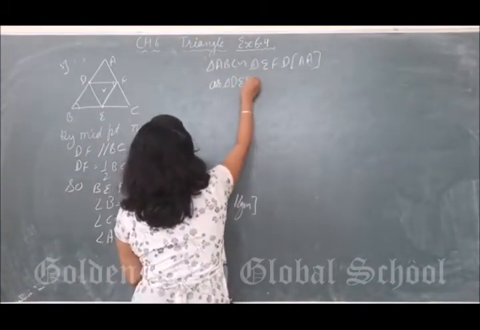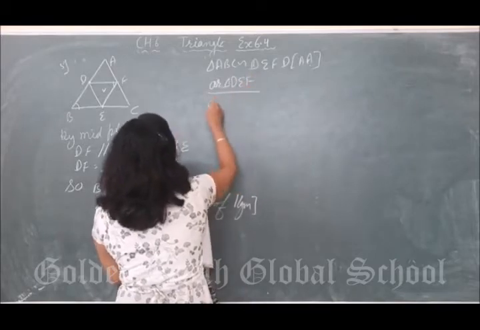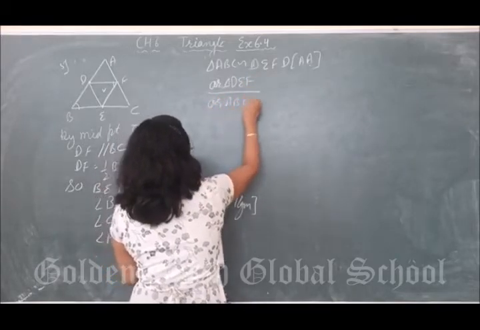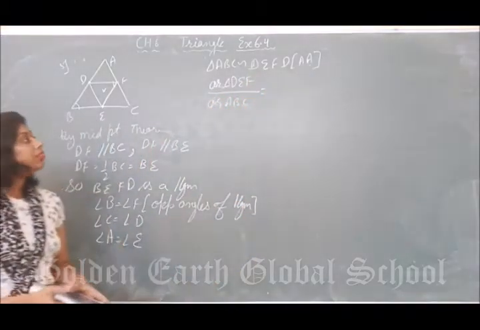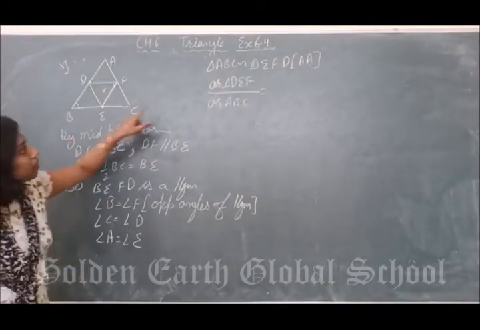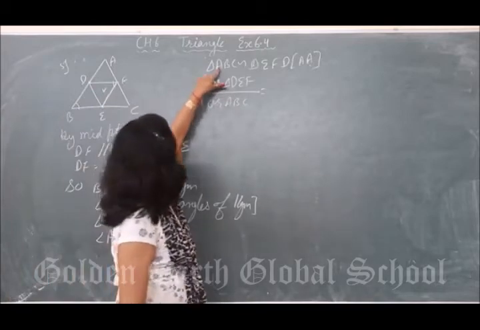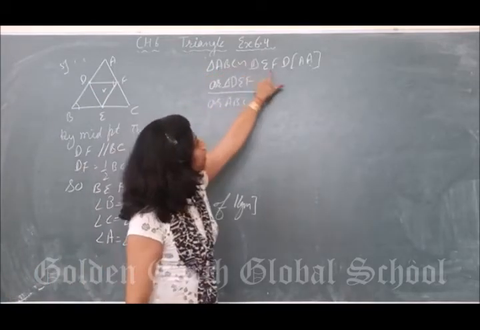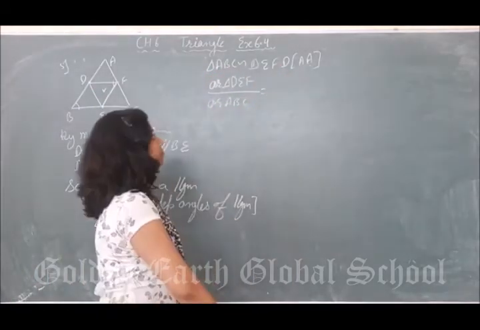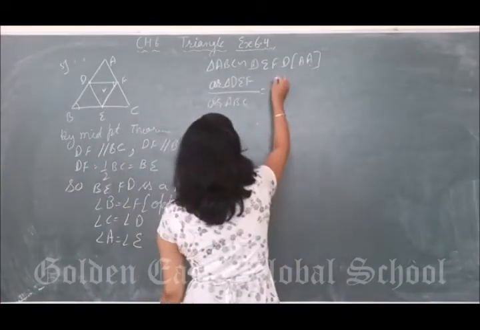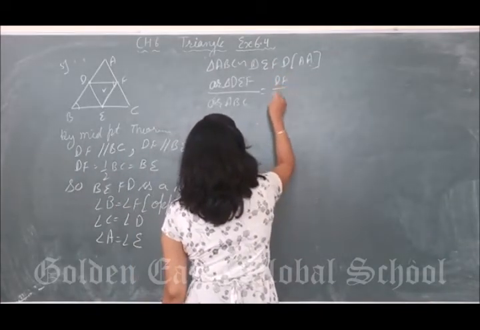Firstly write DEF, then ABC. For corresponding sides, we choose side BC and DF. DF upon BC, whole square.